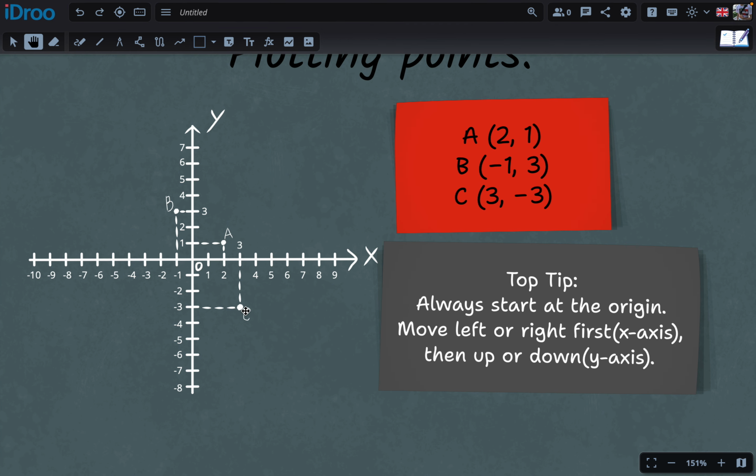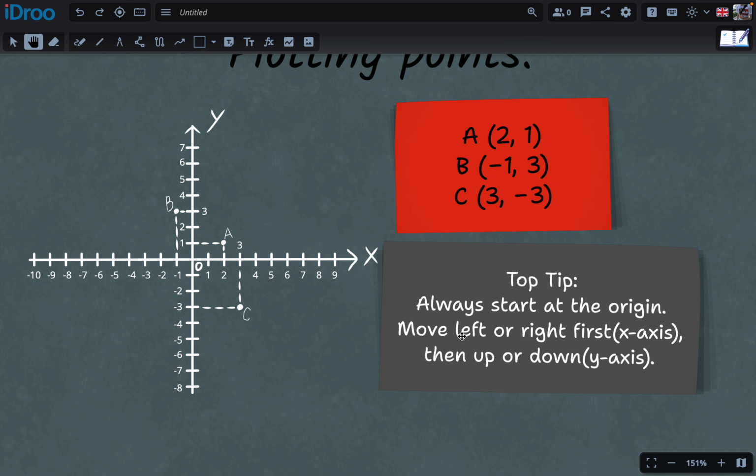So, C. Our x is 3 here on the x-axis, and our y is -3. So we go right by 3 and we go down by 3 here. That's why this point is there.